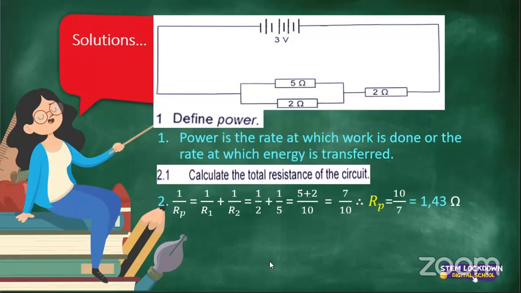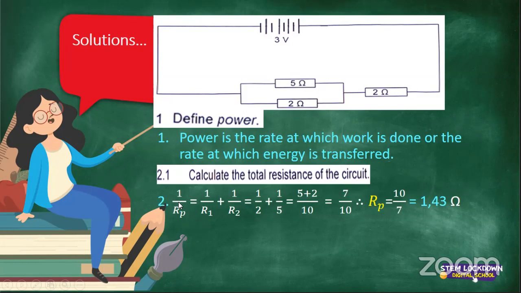Right, and we are asked to calculate the resistance in the circuit. So calculating the resistance in the circuit, we start off by calculating the resistance of parallel resistors. That is the resistance of the resistors that are in parallel. So we start calculating the resistance in the parallel connection first.